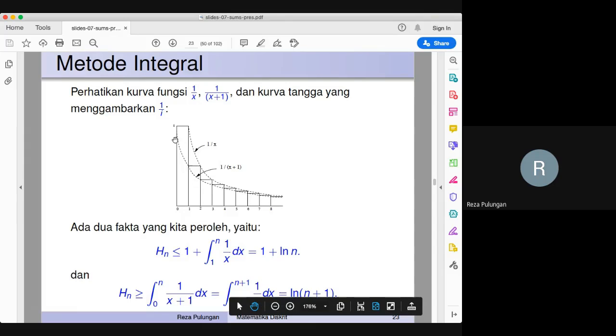While for the second curve here, you start from 0. The integral from 0 until n of 1 divided by x plus 1 dx. The function is no longer 1 divided by x, but 1 divided by x plus 1. If you compute this integral, it will be the natural logarithm of n plus 1.